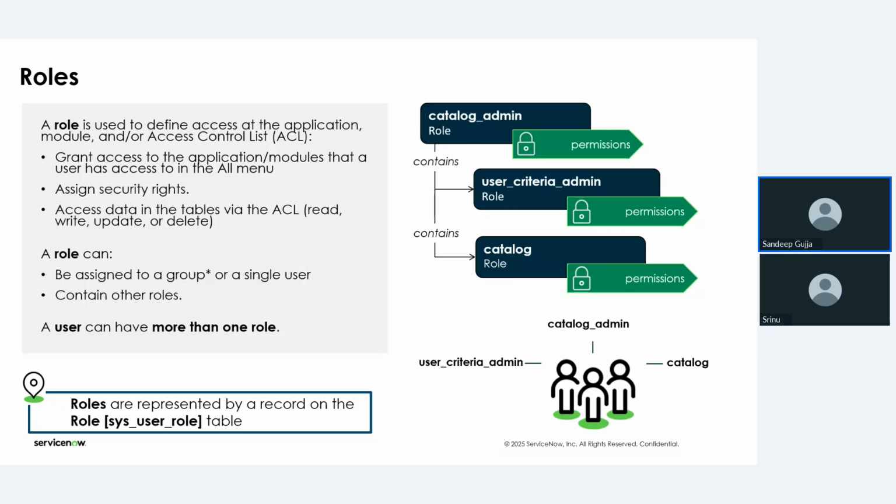So these are the two extra roles contained in catalog_admin. That means whatever permissions are given to the user_criteria_admin or catalog roles will also be a part of catalog_admin now.